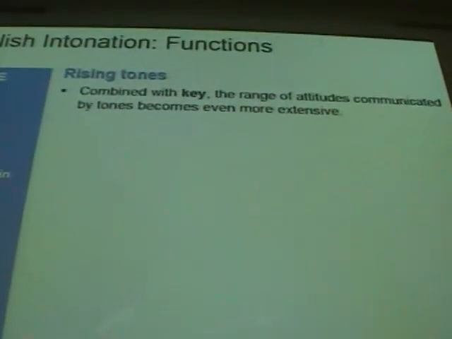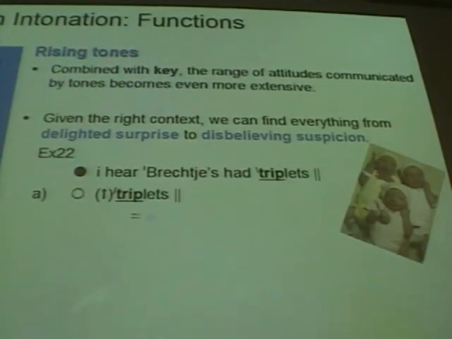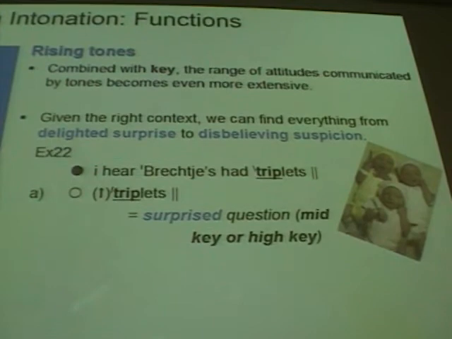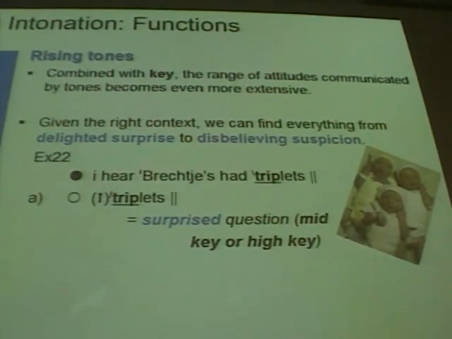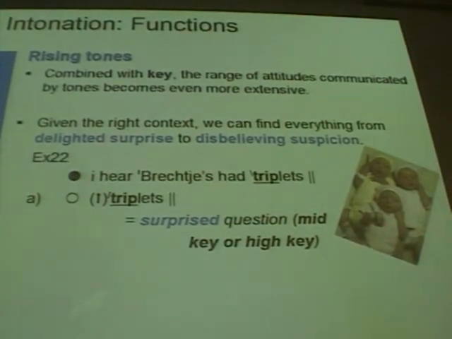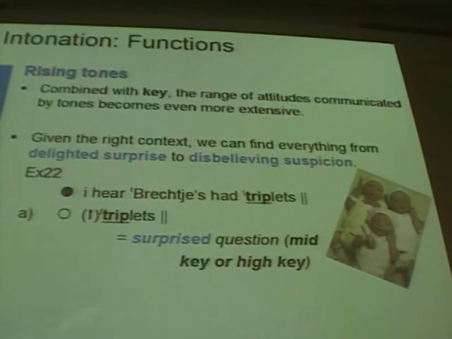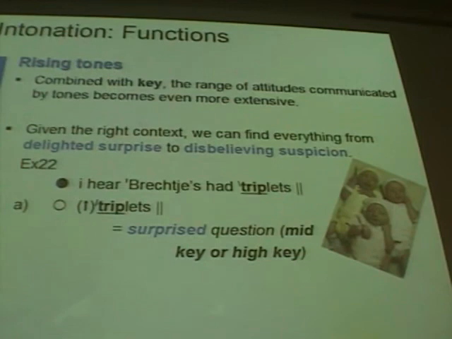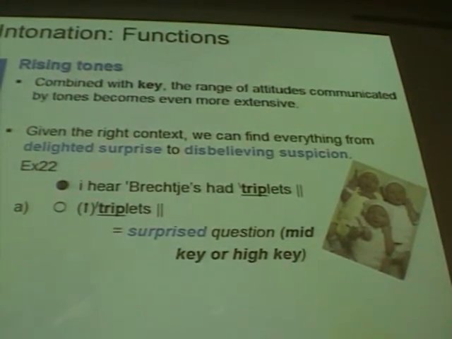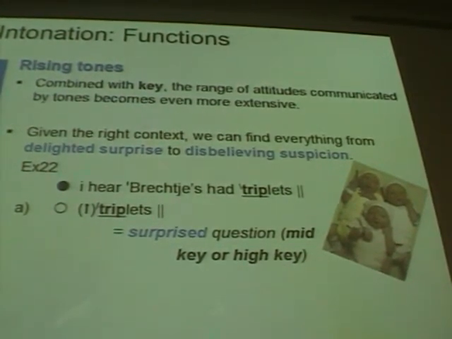Combined with key, you can have an even bigger range of attitudes. Everything from delighted surprise to disbelieving suspicion. "I hear Patricia's having triplets." That's a very surprised question, because I thought she was only having twins.